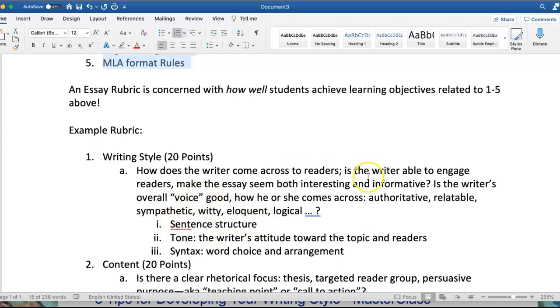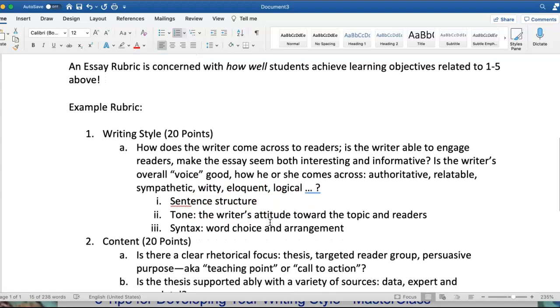This contributes to the writer's authority, relatability, how sympathetic the writer is, how witty, poetic, or logical the writer is when the writer comes across. And you know that because you've read text before, that you like the sentence structure. You admired it, how the sentences were put together.